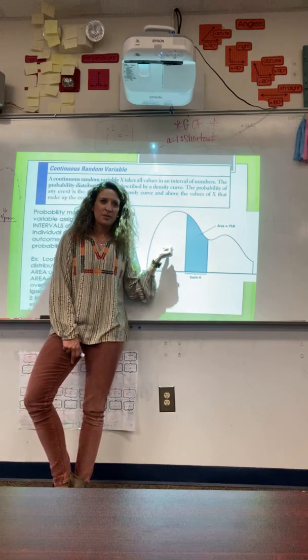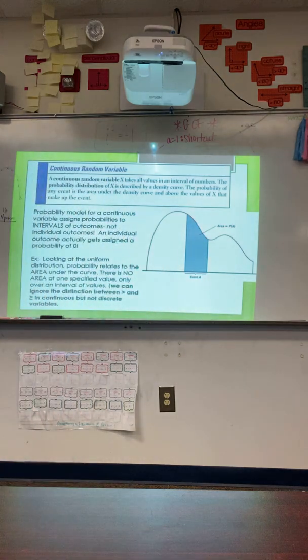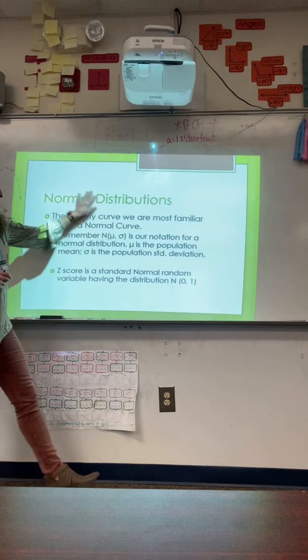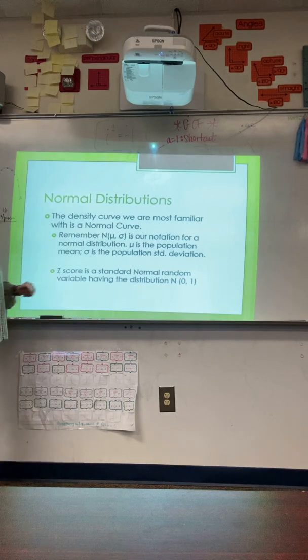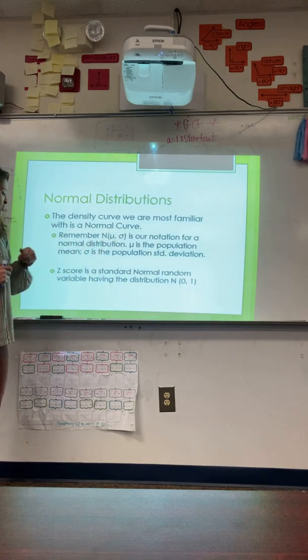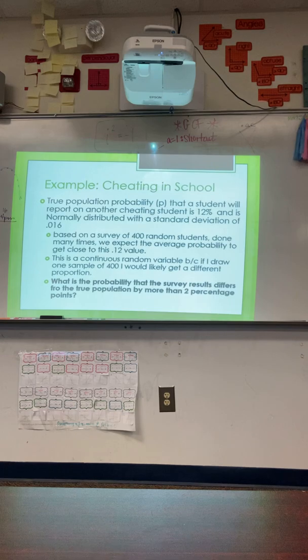This is not going to be the curve that you see. You're going to use a normal distribution curve, with mean, standard deviation, z-scores, and p-values. This is our most classic continuous random variable that you will see. Remember that we use the capital N with the mean and the standard deviation. And once it's standardized, it's on a scale centered at 0.